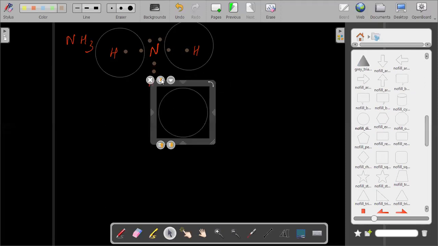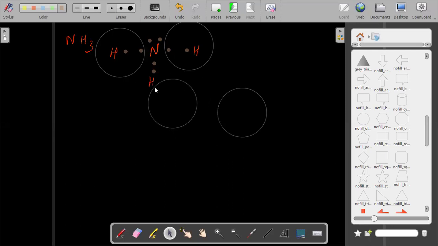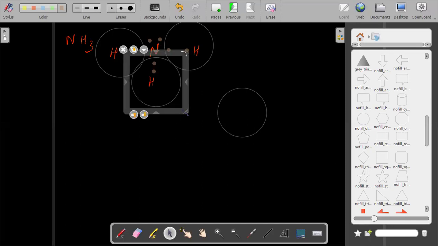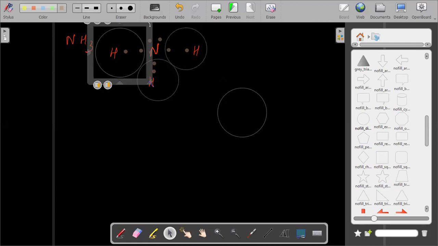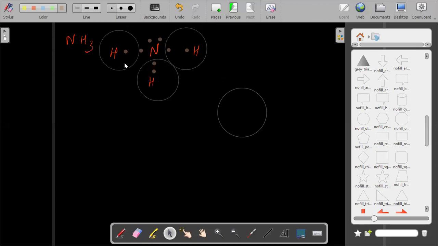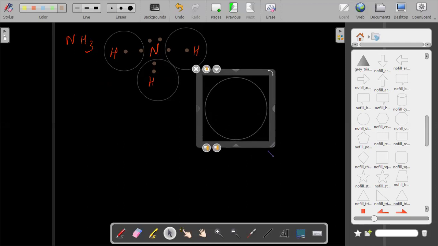And we can see that the valency of nitrogen and hydrogen is satisfied. Can we say that the valency of hydrogen is satisfied? Yes or no? Yes, sir. Hydrogen can accommodate a maximum of 2 electrons only in its outermost shell, the K shell. So it has a valency of 2 and it has accommodated 2 of its electrons.